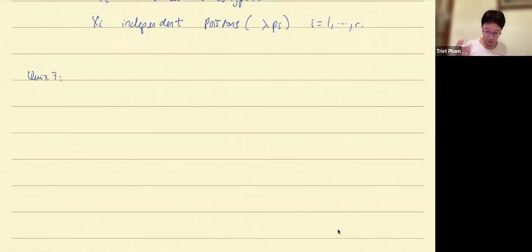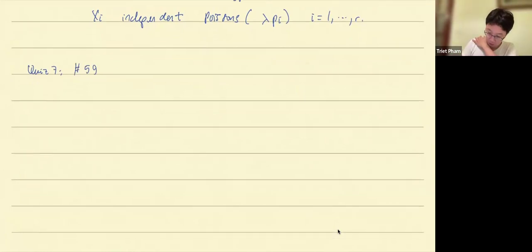So these are both coupon problems, right? Coupon problems are fun. So number 59 says: each new coupon is independent of the past.